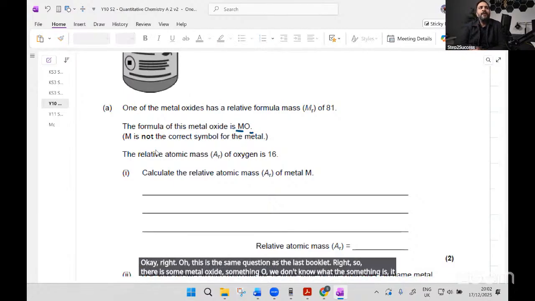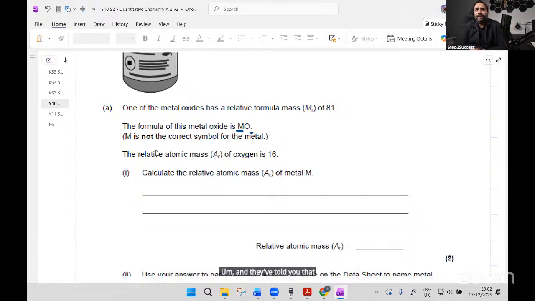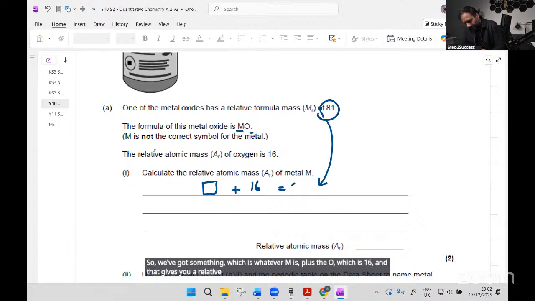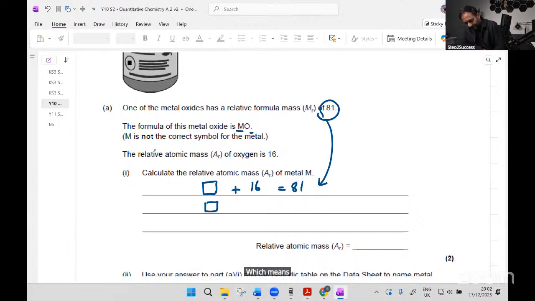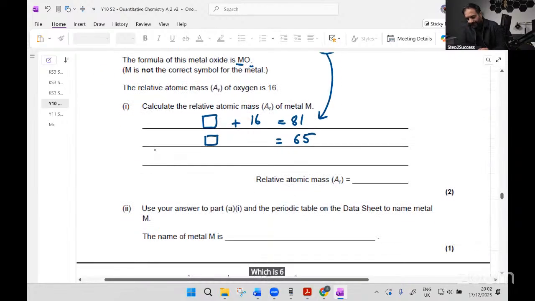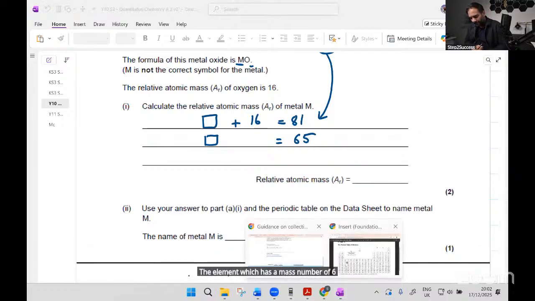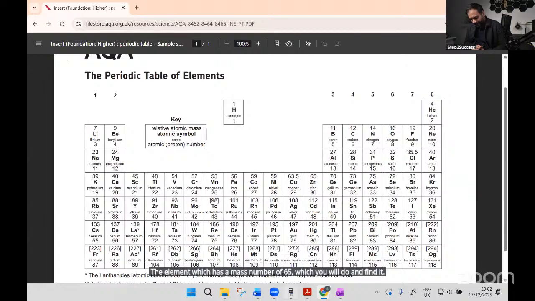It is not M. They've told you to calculate the relative atomic mass of metal M, so we've got whatever M is, plus the O, which is 16, and that gives you a relative formula mass of 81, which means that the missing number here is 81 take away 16, which is 65. Then you go to the periodic table and find the element which has a mass number of 65, which you will find there. It is zinc.